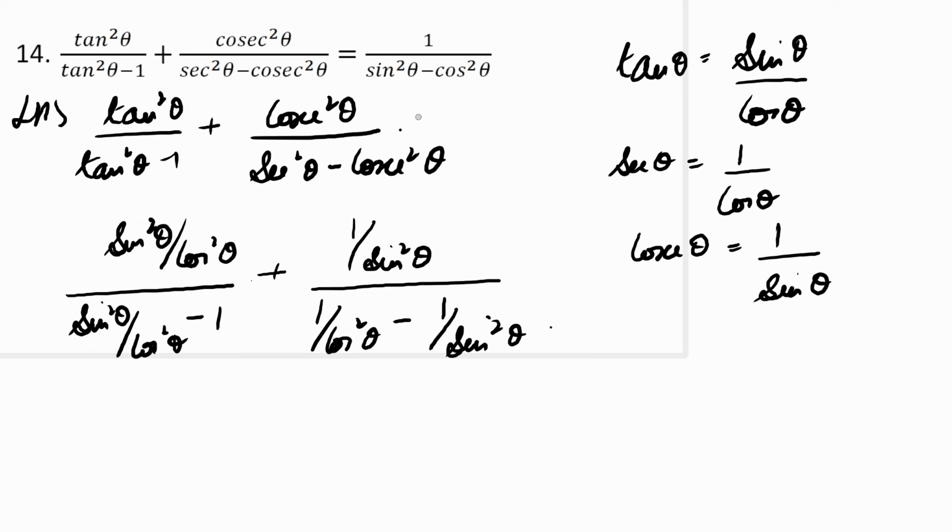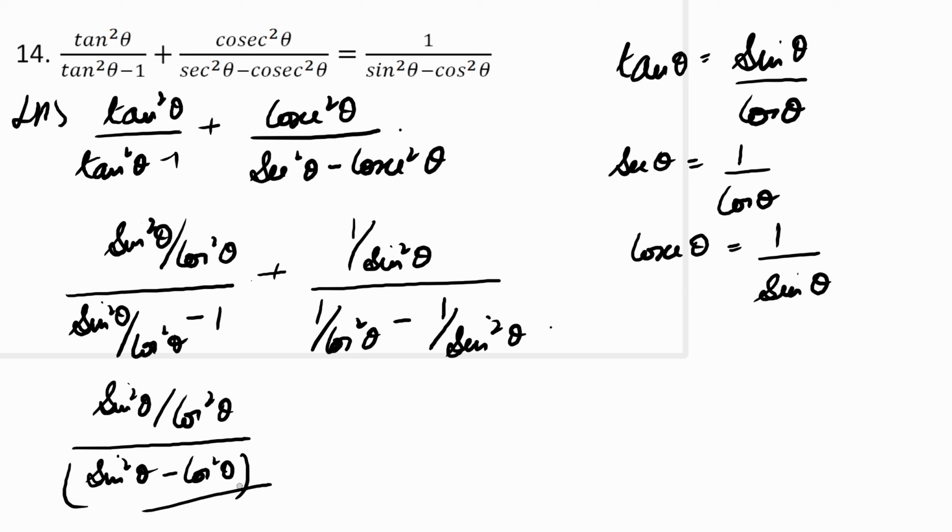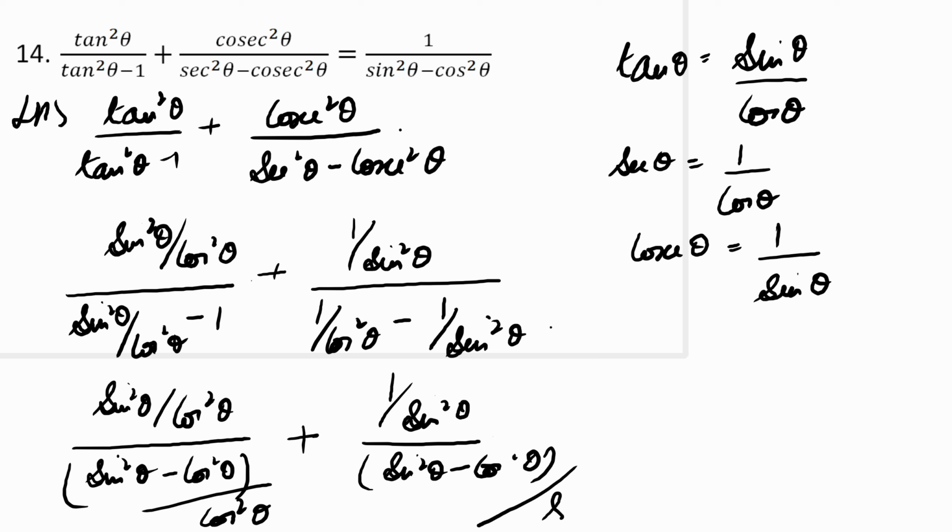So what will we do over here? We will get sin square theta upon cos square theta, and in the denominator we will take the LCM, (sin square theta minus cos square theta) whole divided by cos square theta, plus 1 upon sin square theta, which will become (sin square theta minus cos square theta) whole divided by sin square theta cos square theta.